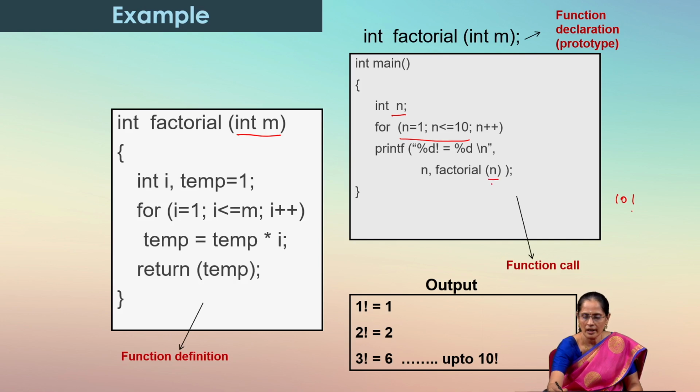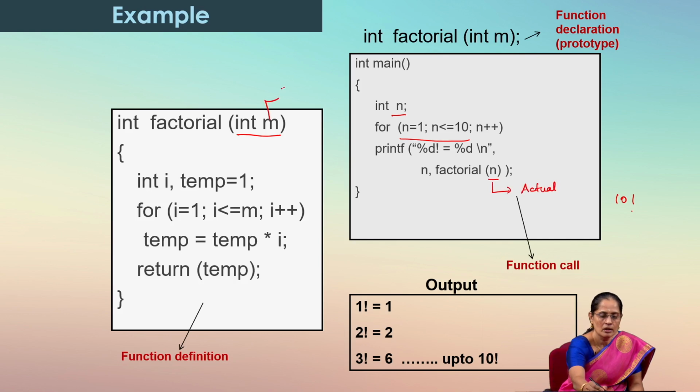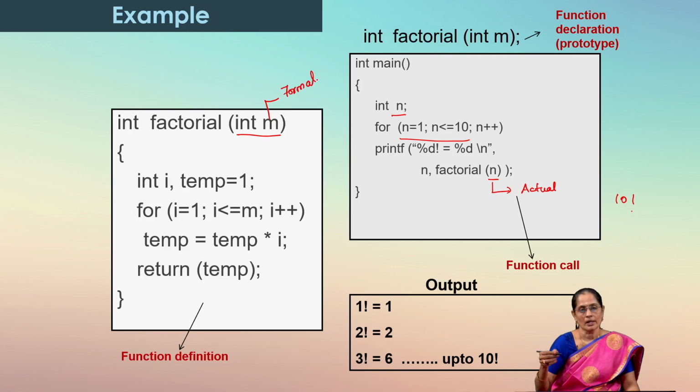Here, n is called the actual argument or actual parameter, and m is called the formal argument or formal parameter. What happens is that the value of n is copied onto the formal parameter m and it carries with the function. Once it is copied, it becomes local to that function.